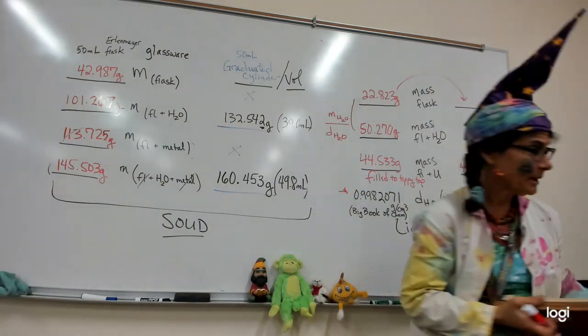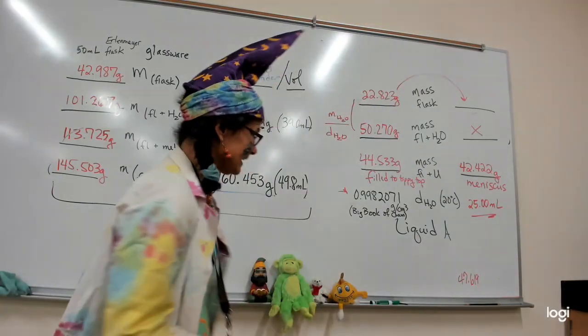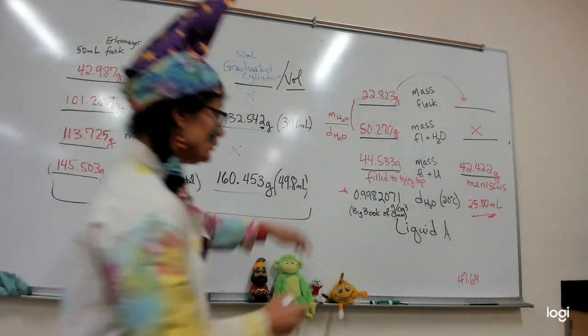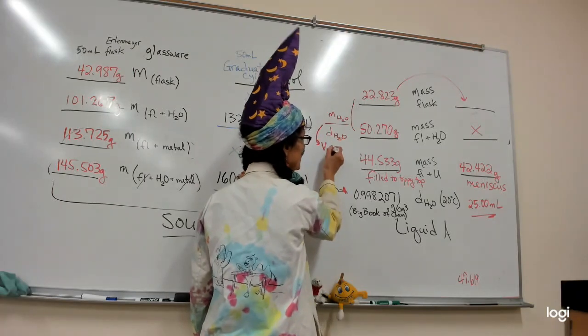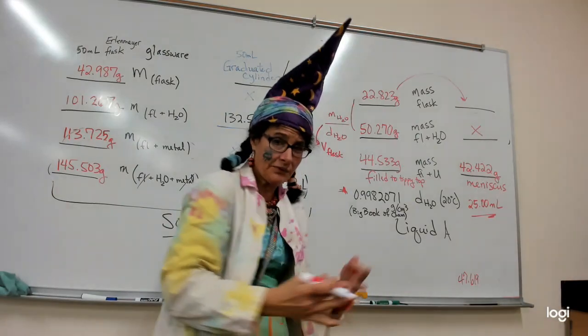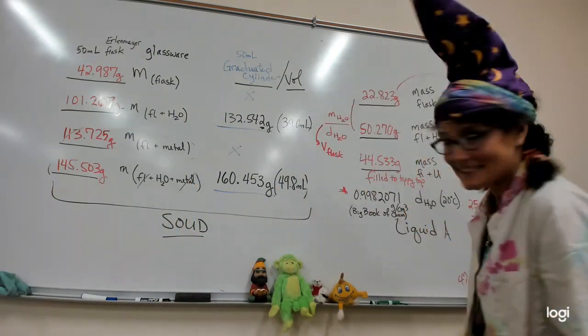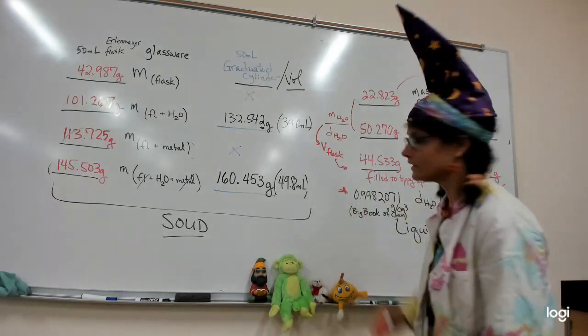And I looked up the density of water. And somebody figured it out to that many sig figs. So using this density, we can figure out the volume of the flask. Meaning when it's filled with any liquid, it's going to be that same volume. So that will be the volume also for our unknown.